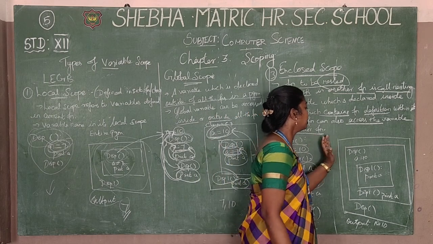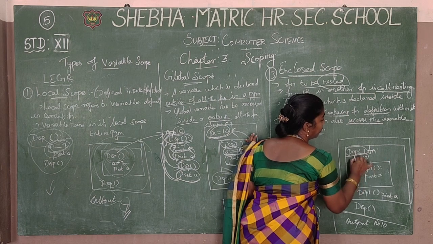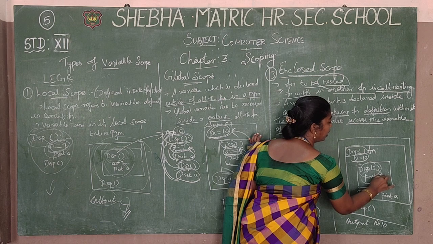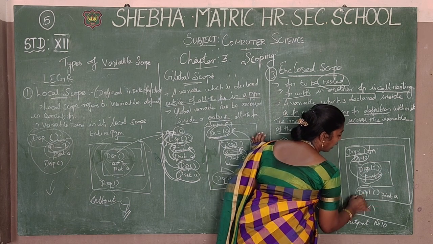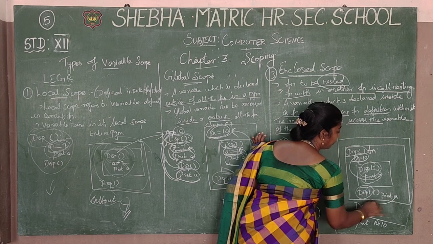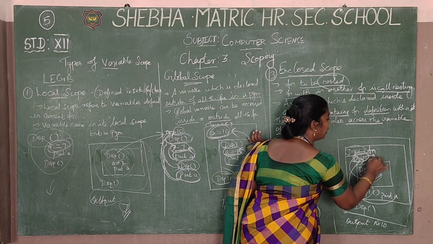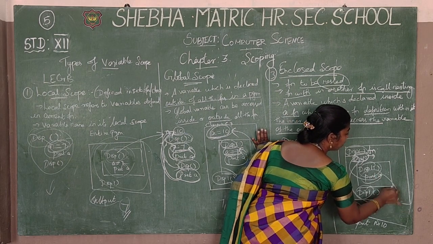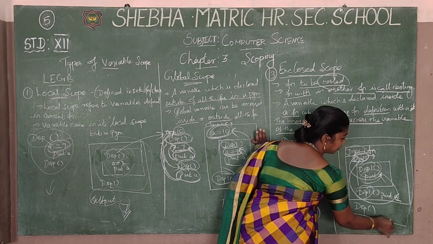The structure is display, function name, variable, then another function name, then print a. Which one? A. Then another function named display 1, print a. So there are two prints, only one variable is declared, but two or three times I can print the value. So the output is 10, 10. Clear?